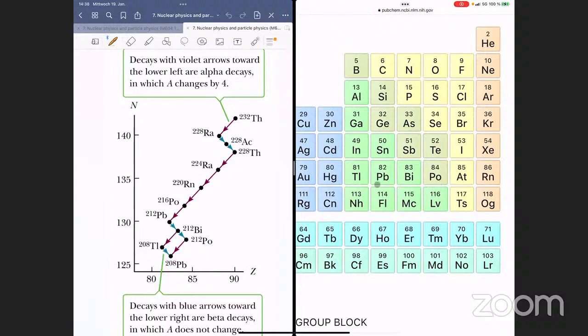Polonium becomes lead 82 right here, and the number of nucleons goes from 216 to 212. So 4 nucleons are removed. So this means we got the alpha particle emission during this route, and after that, lead, which has 82 protons, moves to 212 bismuth. So 1 neutron is converted to proton.